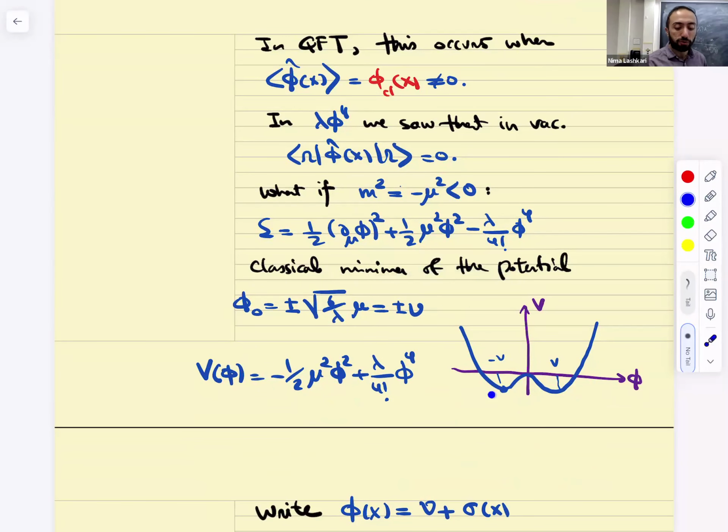Now, classically, there are two minima for this potential, and the minima are where phi is non-zero. It's plus or minus the square root of 6 over lambda times mu in the notation that I'm using, which I'm going to call plus and minus v. Why is it plus minus v?